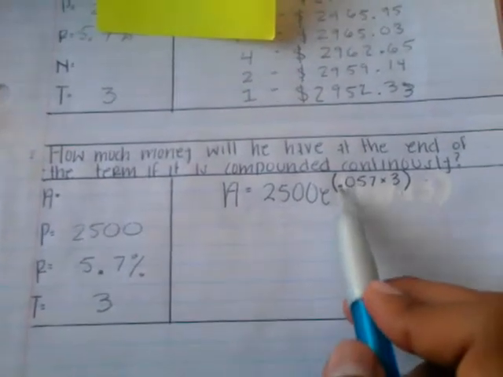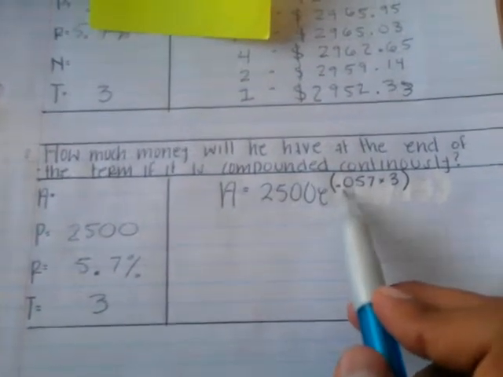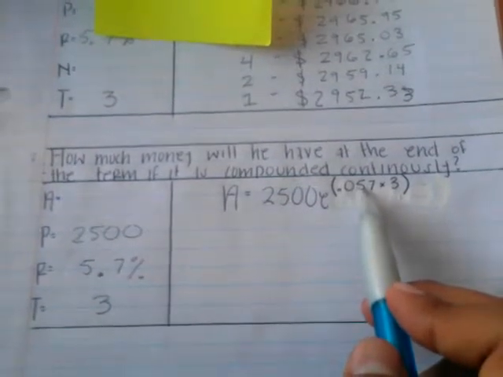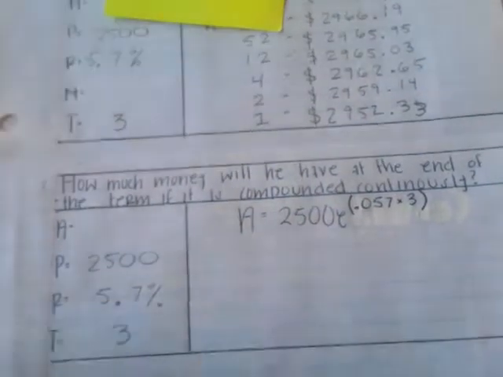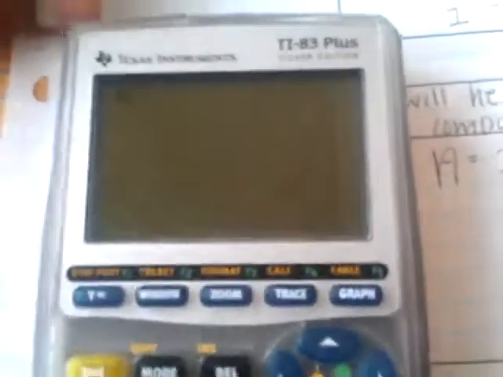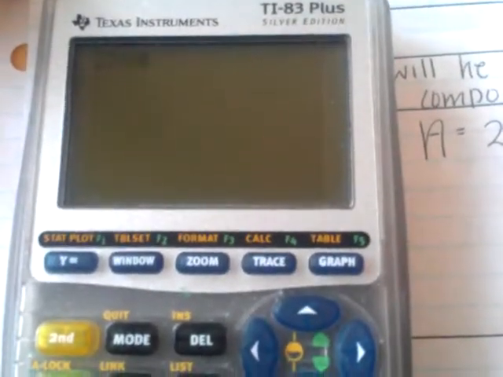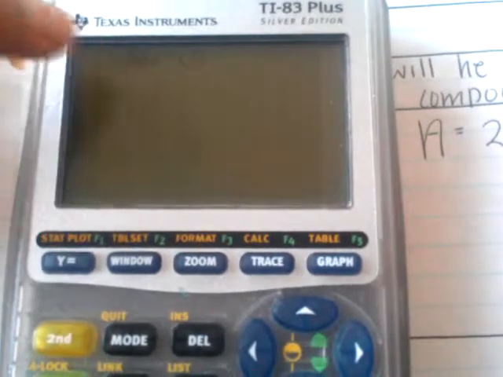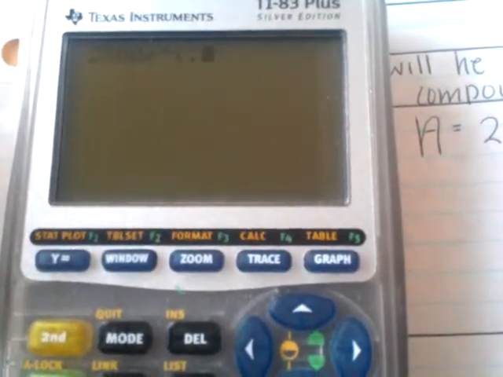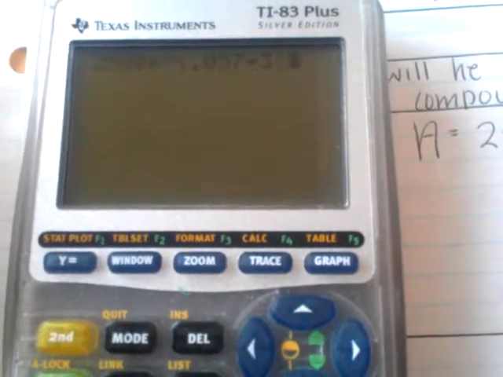So I put 0.057 because it's a percent, so you move your decimal point 2 places to the left. And what I want to do is just plug it into my calculator and not use the y equals this time. So it's 2,500 e to the power of 0.057 times 3, close parentheses, hit enter.